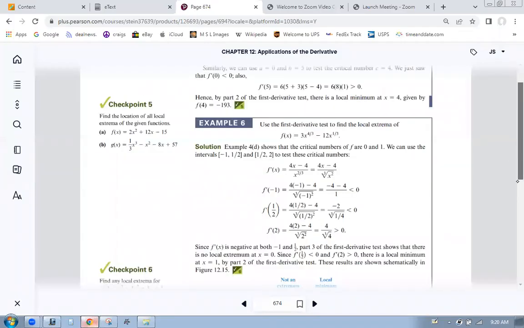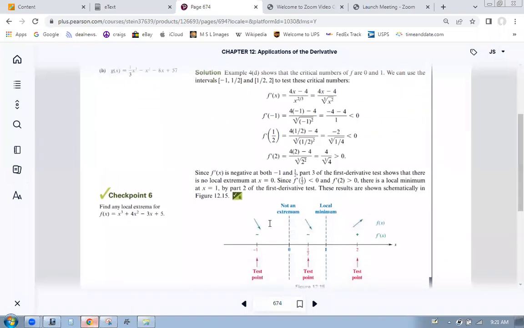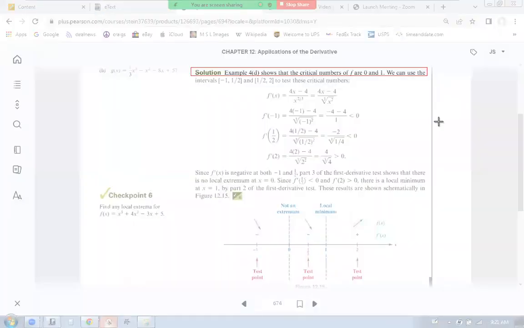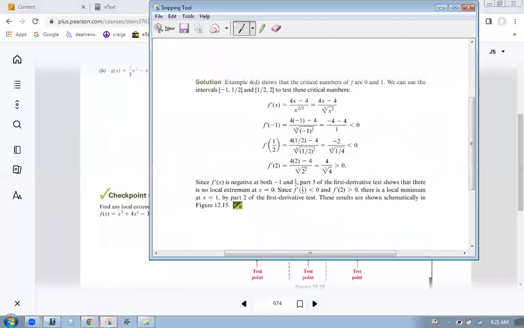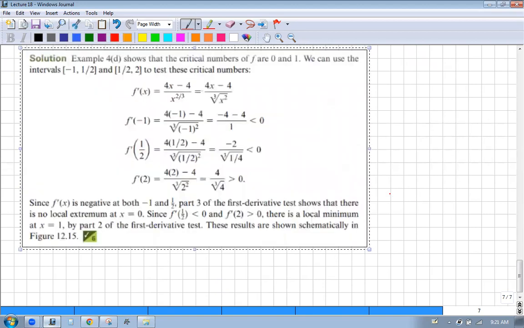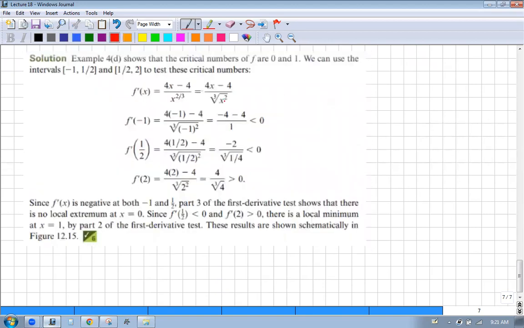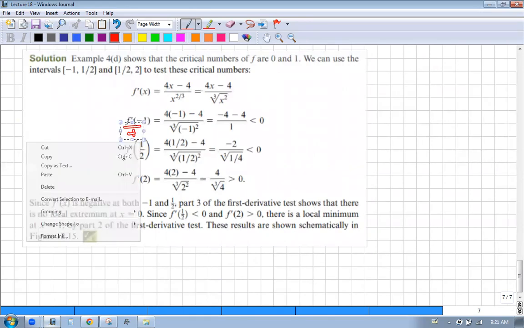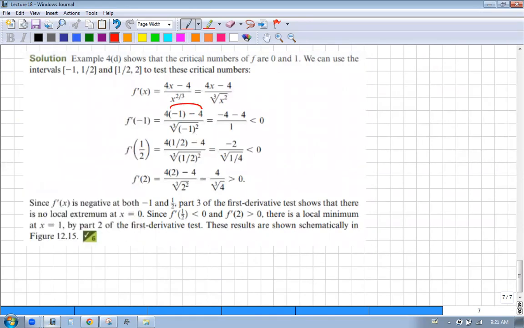Let's see what kind of tricks they invoke in their solution here. I did it my way, but there's lots of different ways of thinking about this. So we had the first derivative. They did the same test points I did. Again, I did everything divided by 4, so all they have is everything multiplied by 4 on top instead, but that doesn't affect whether it's positive or negative.